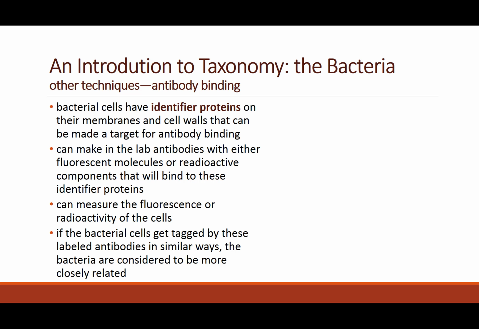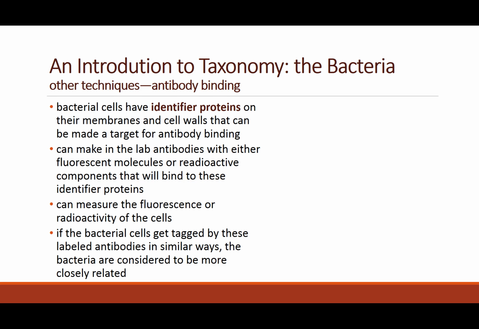And so you would take the bacterial cells and subject them to the antibodies, giving time for the antibodies to bind, and once the antibodies bind, they don't release. Then you'd rinse them off, getting rid of any unbound antibodies, and then you could compare different bacteria that have been subjected to this regimen to each other, looking to see if they have similar amounts of radioactivity or similar amounts of fluorescence.